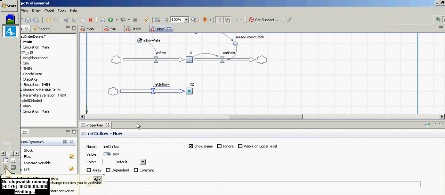The value of the net flow will simply be inflow minus outflow. Good. So we could reformulate this using a single flow as inflow minus outflow. And that would work perfectly well.